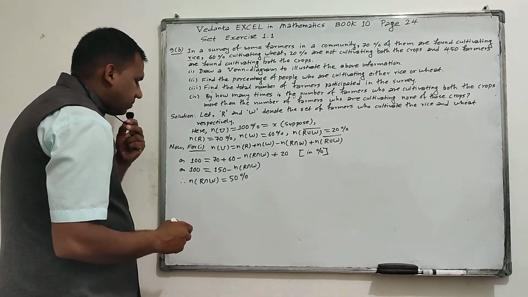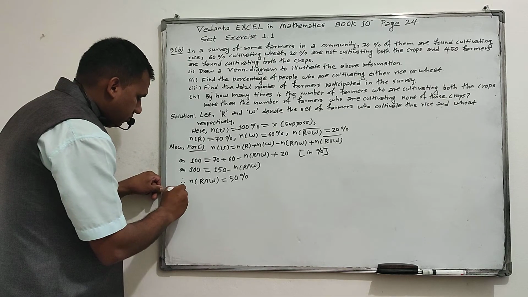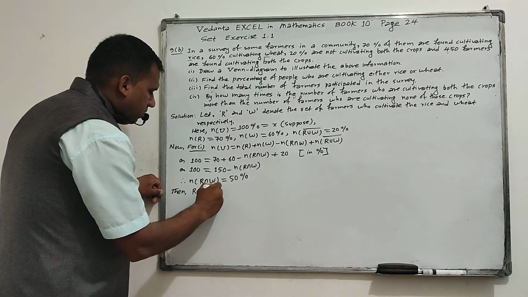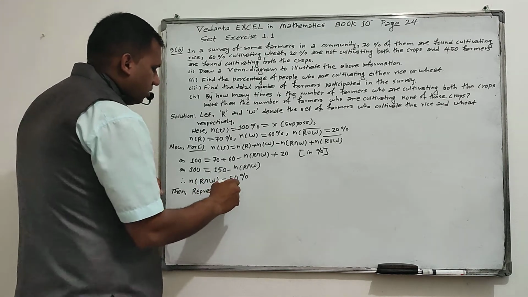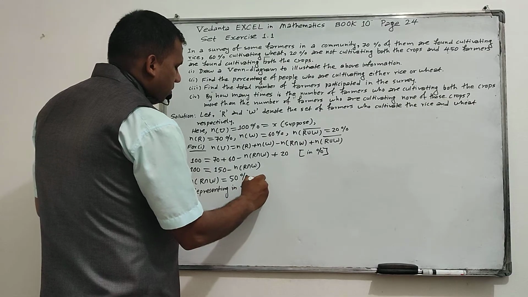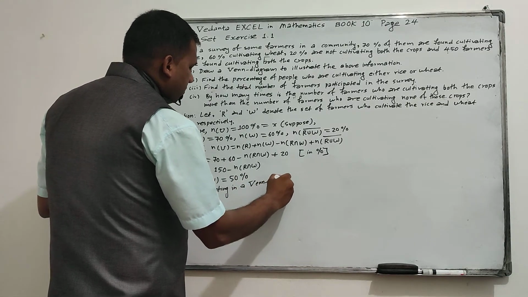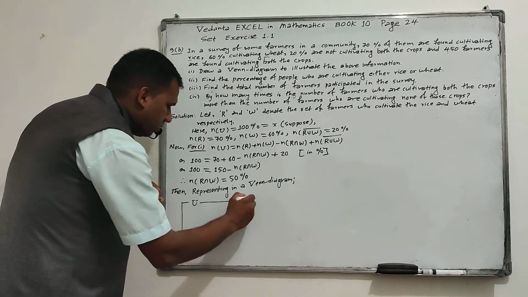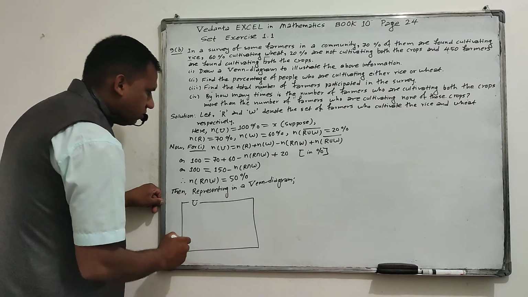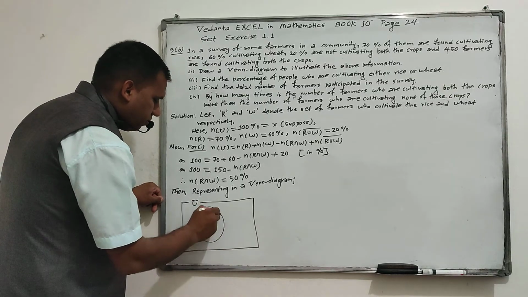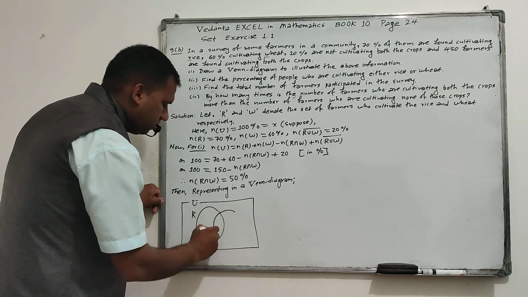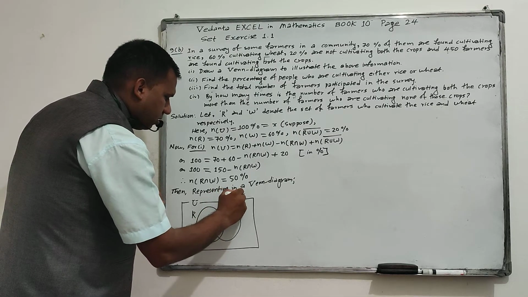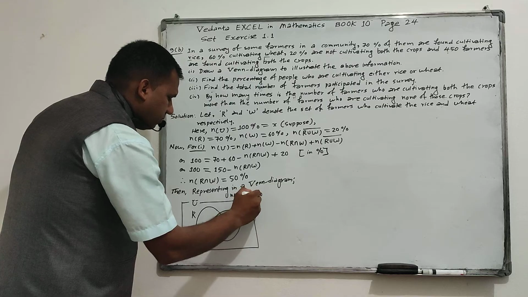Then representing in a Venn diagram. We need universal set U and its two subsets R and W. Here number of U in percent equal to 100%.